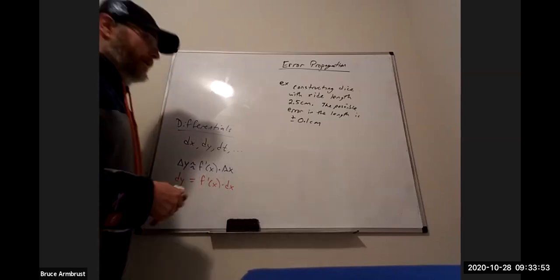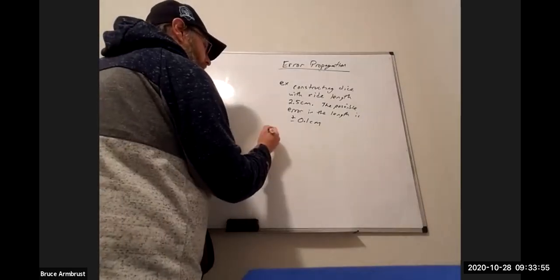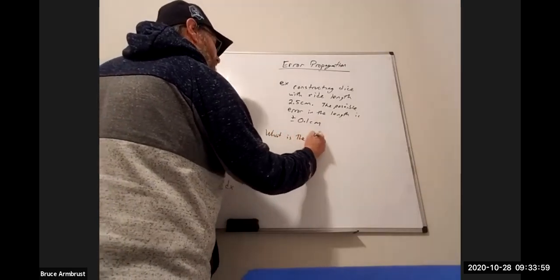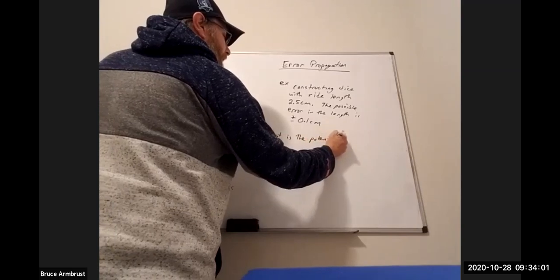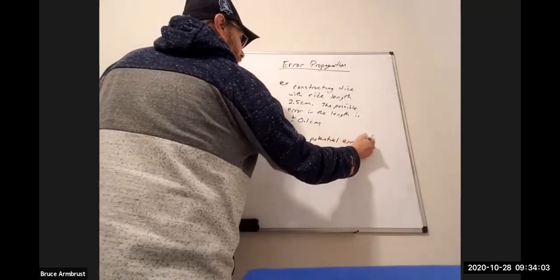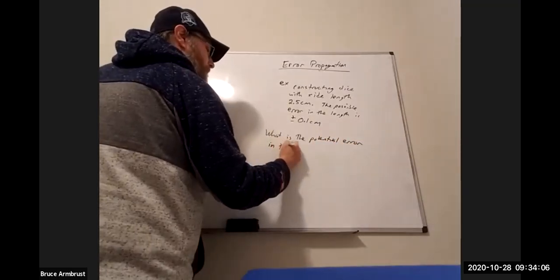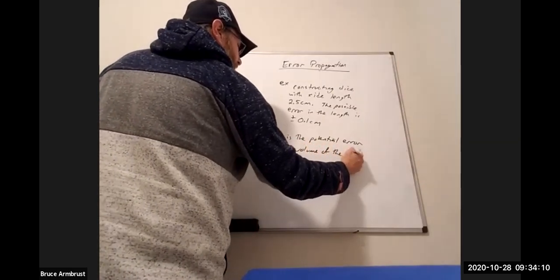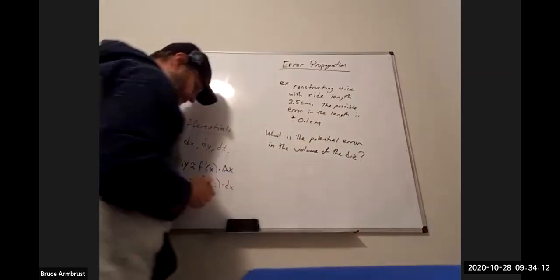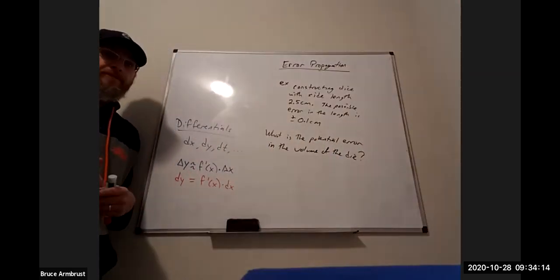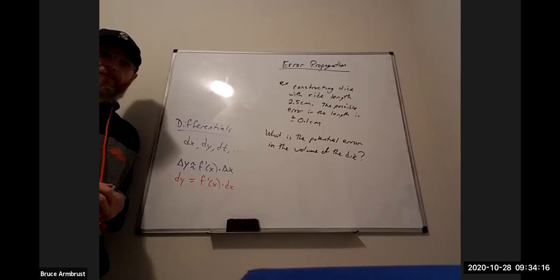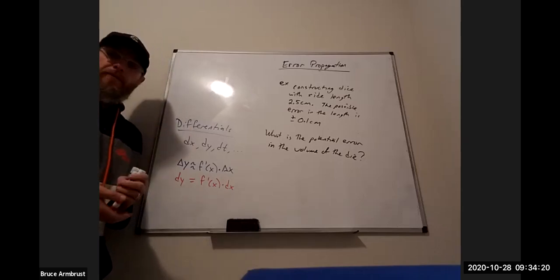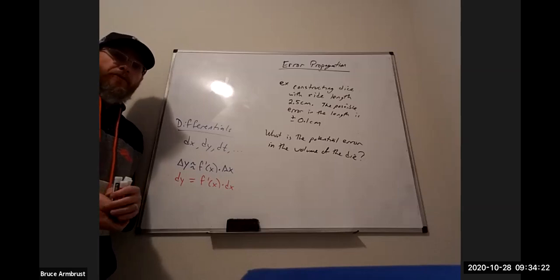So here's what I want to know: what is the potential error in the volume? Because if we measure that length and we're off by a little bit, our volume is going to be off as well.